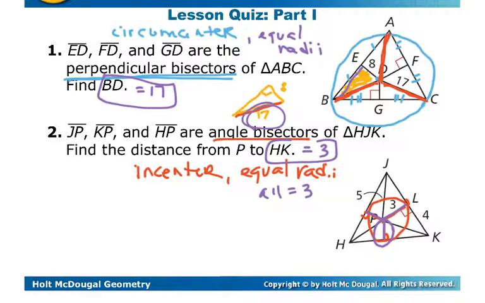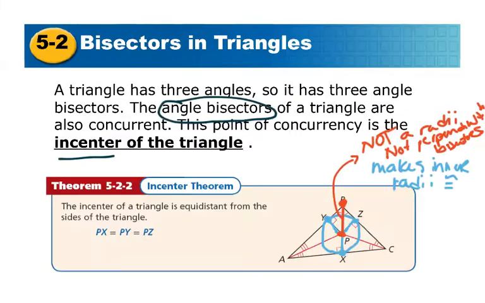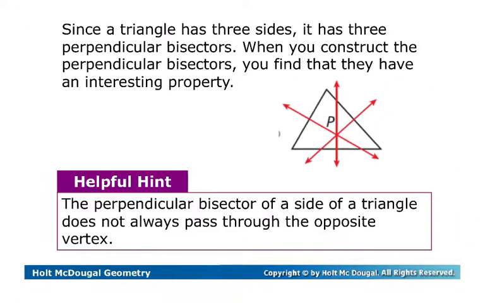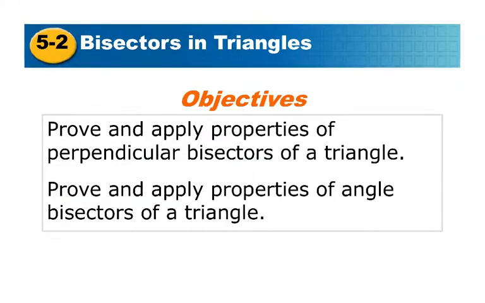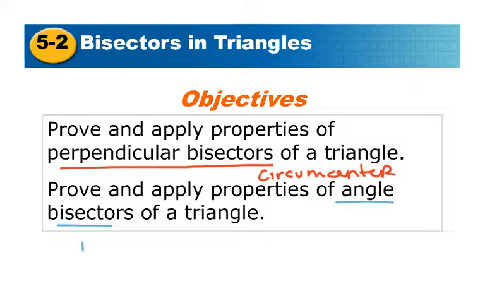So, kind of a lot to look at in each of the pieces, but you just need to remember that anytime that we're looking at perpendicular bisectors of a triangle, we're looking at a circumcenter. And anytime that we are looking at angle bisectors, we're looking at an incenter.